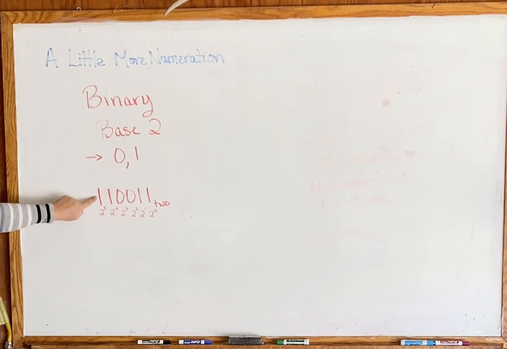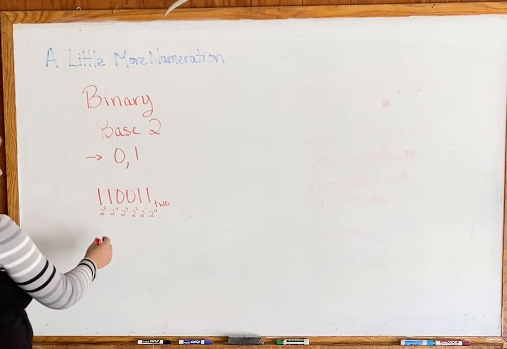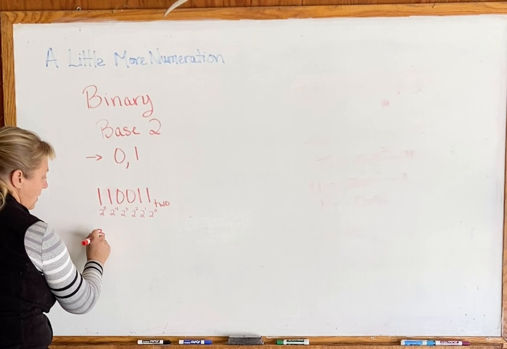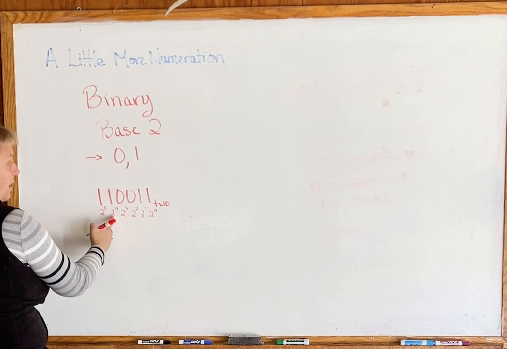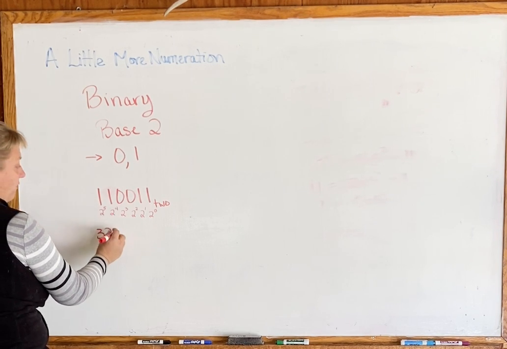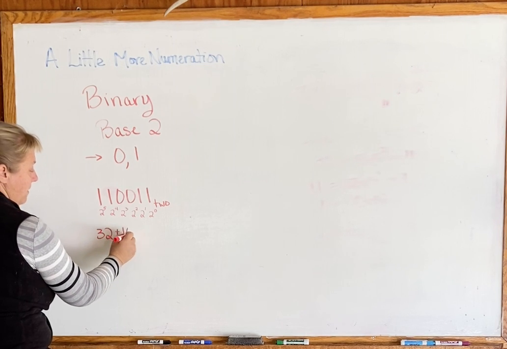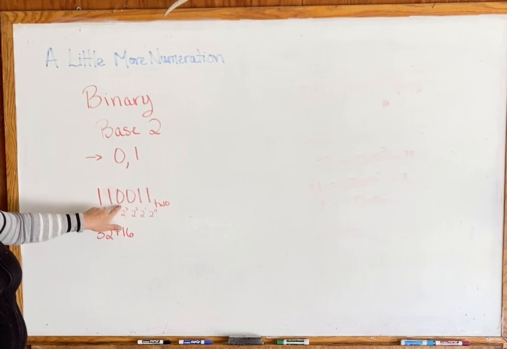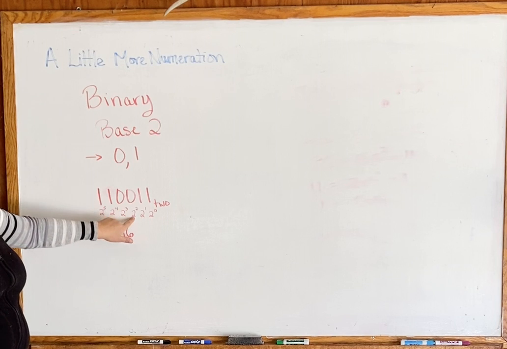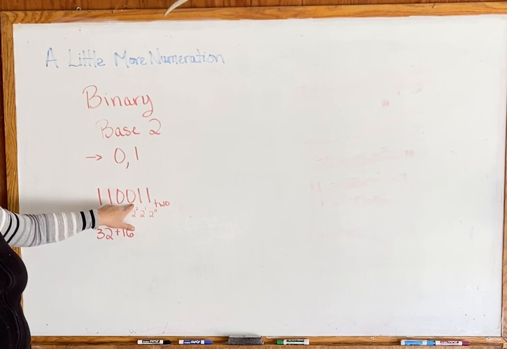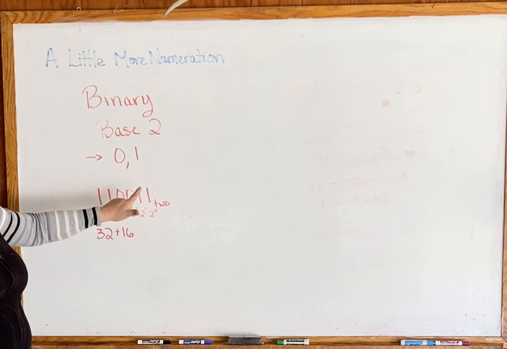So in this case, there is 1, 2 to the 5th. Now, 2 to the 5th, if you remember from last time or calculate it out right now, is 32. So there is a 32. There is also a 2 to the 4th, which is a 16. But is there any 2 to the 3rd? No. A 2 squared? No. A 2 to the 1st? Yes.